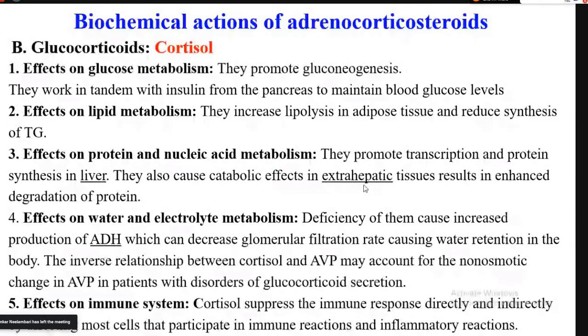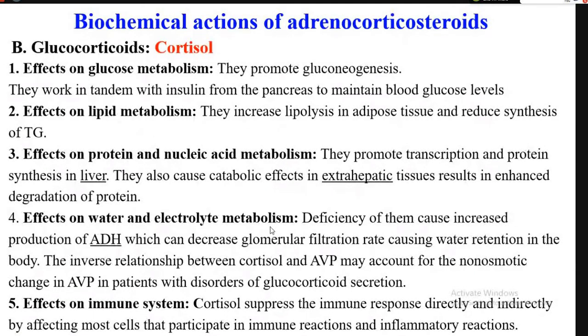Now cortisol has so many functions. It has effects on glucose metabolism, lipid metabolism, protein metabolism, and water and electrolyte metabolism. It has an effect on the immune system also. In the last lecture, I discussed insulin.